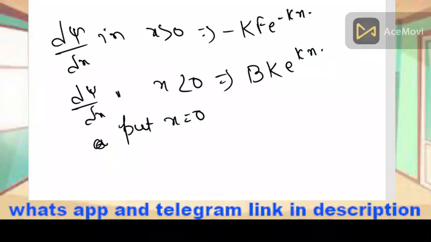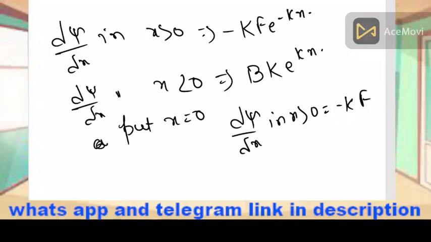Put x equal to 0. Not equate, because they are not equal. So what you have is d psi by dx in x greater than 0 is equal to minus kf, and in x less than 0 it is equal to bk.